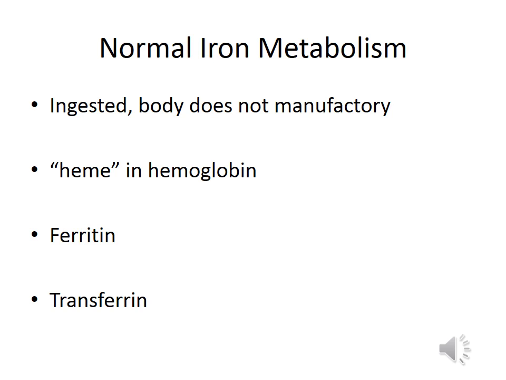Iron is present in all RBCs as heme in hemoglobin and in a stored form. The heme in hemoglobin accounts for 2/3 of the body's iron. The other 1/3 of iron is stored as ferritin in the bone marrow, spleen, liver, and in macrophages.